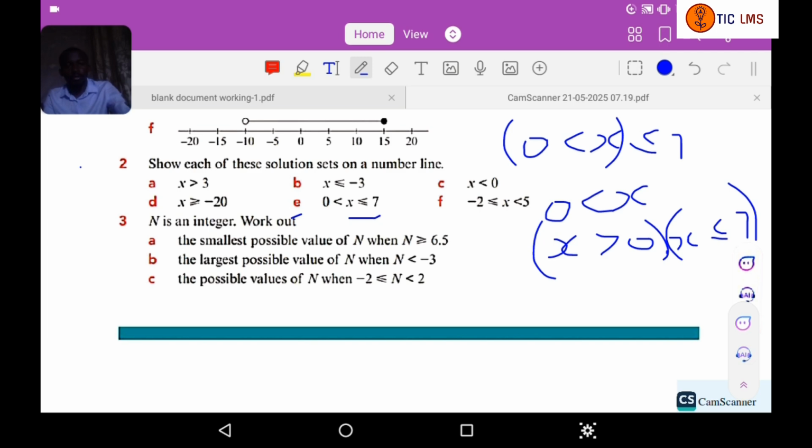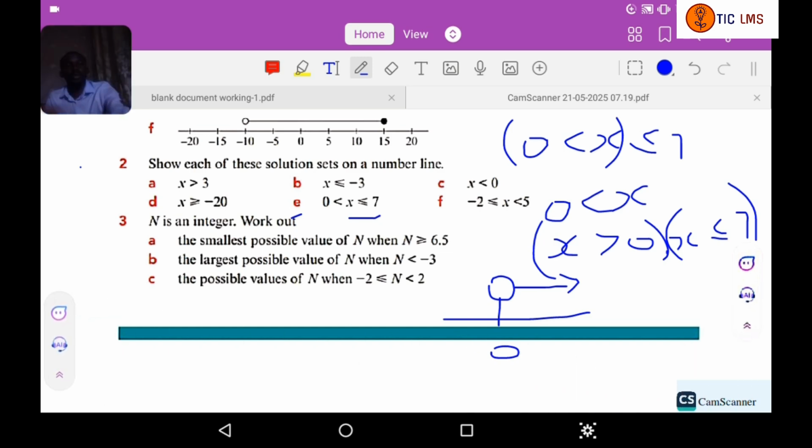If you're going to be using that, imagine you have your 0 here. They said x is greater than 0, so our values greater than 0 go to the right of 0. You understand? Go to the right of 0.